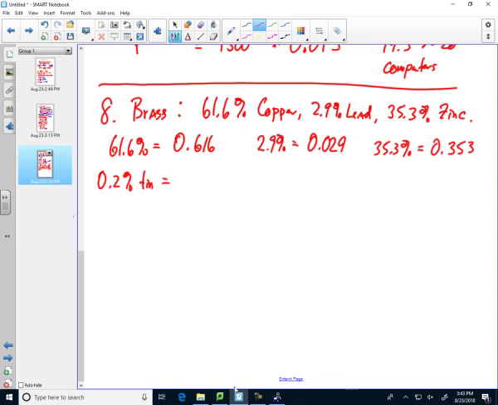I'll put it down here, so that's going to be 0.002. Okay? Yeah, you got to put the tin in or it's not brass. All right, have I got them all now?